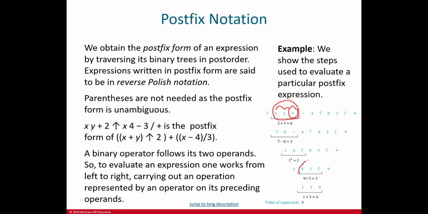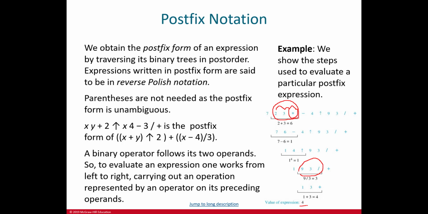So we are basically getting rid of all these things. Now I have 1, 3 and plus. So we can solve it by 1 plus 3 and we get the answer as 4. So this is the way we solve a postfix expression.